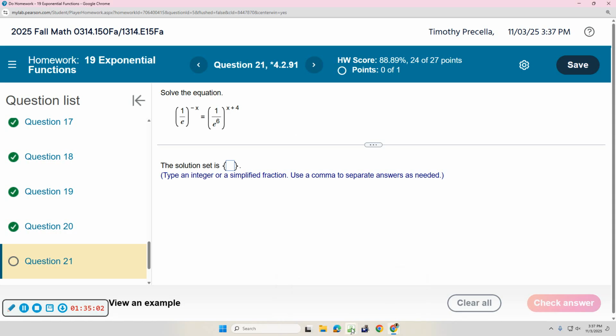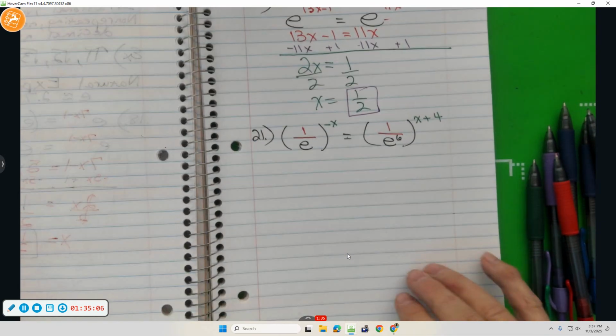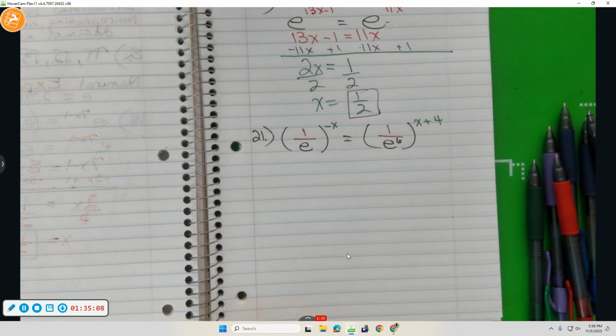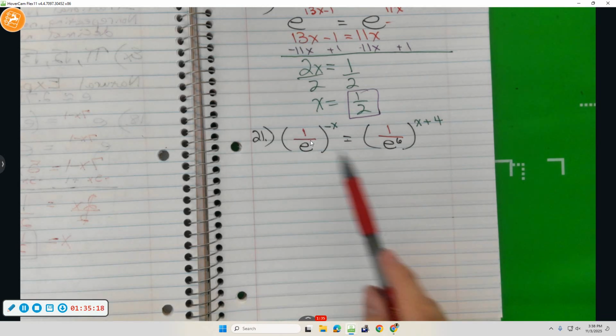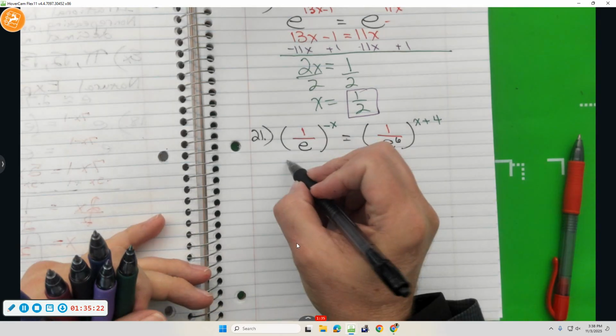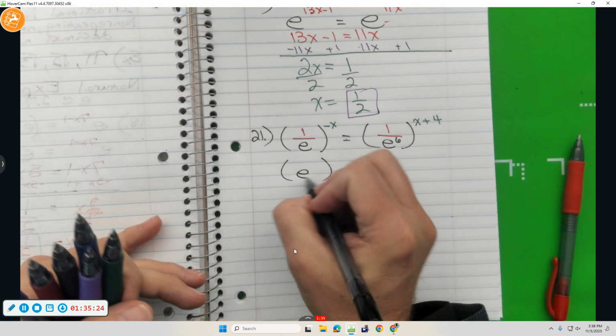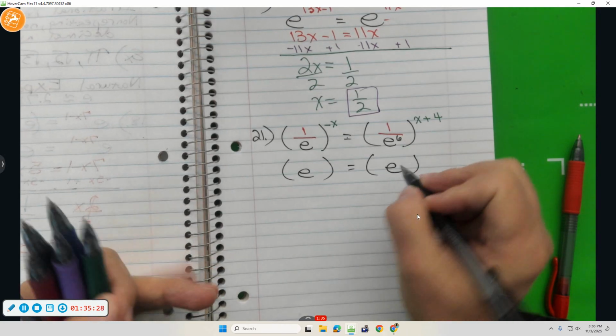Did we have some problems earlier where we had a 1 over and we had to write it with a negative exponent? If you're going to use the common base method to solve an exponential equation containing an e, you better have e's on both sides. And e is going to have to be the common base. So I know I'm going to need an e there.